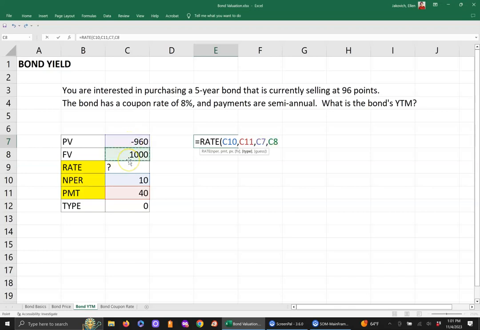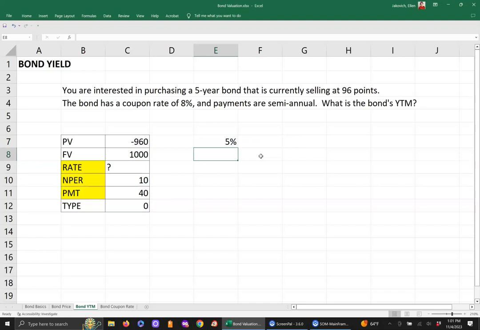Future value, click, comma. Type. And then the last one says guess. Don't worry about that. That is only for enormous computations with a million different variables, called Monte Carlo simulations and things like that. Because it is in square brackets, it is optional. So we're going to ignore it and just close it out and hit enter.